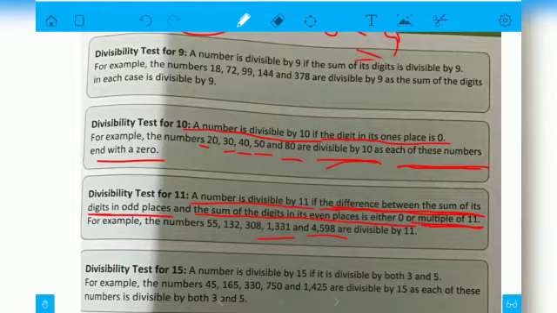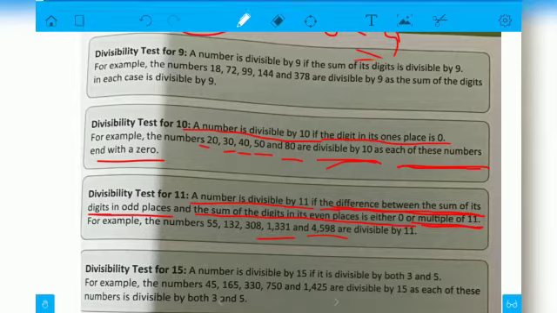Now for the divisibility test of 11, you should see that a number is divisible by 11 if the difference between the sum of its digits in odd places and the sum of its digits in even places is either 0 or a multiple of 11. For example, 55.